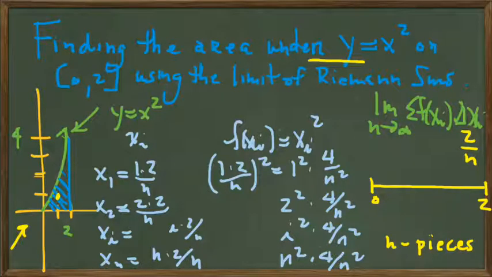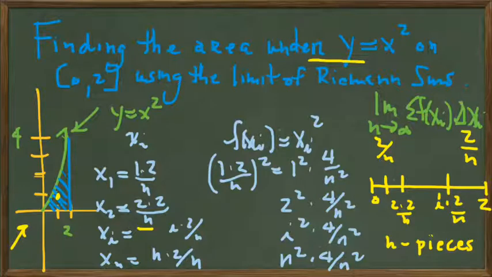As we noted, each piece has width 2 over n, so first for x1 we move over 2 over n, and then the next time we move over 2 over n more, so that's 2 times 2 over n, which we have noted here. Then we keep moving over 2 over n times the number of times we moved over, so when we get to the ith interval, it's i times 2 over n that we moved over. That's our x sub i.